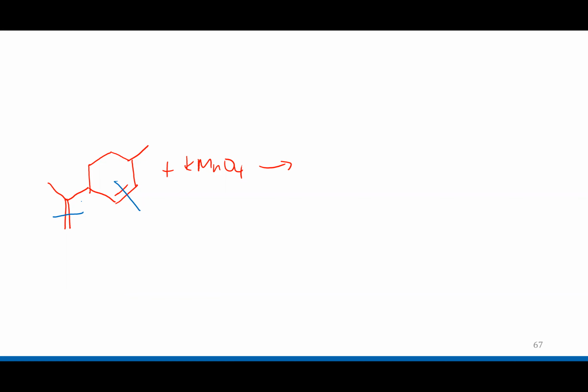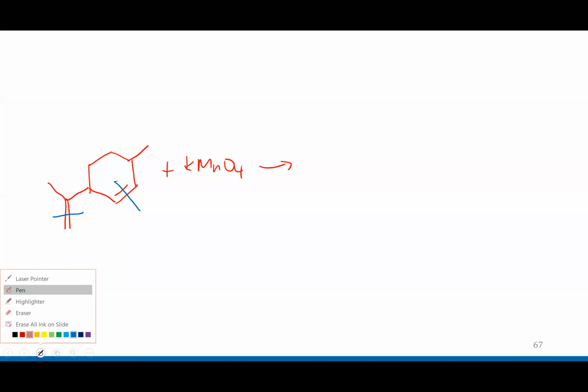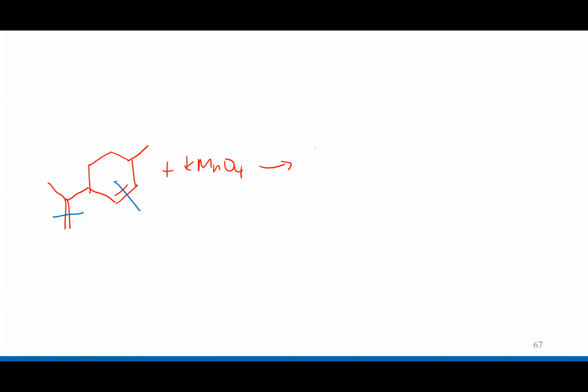So let me redraw this molecule. I get this and this with a double bond. But now, because I've split this double bond, I put an O here, and I get a double bond O here.